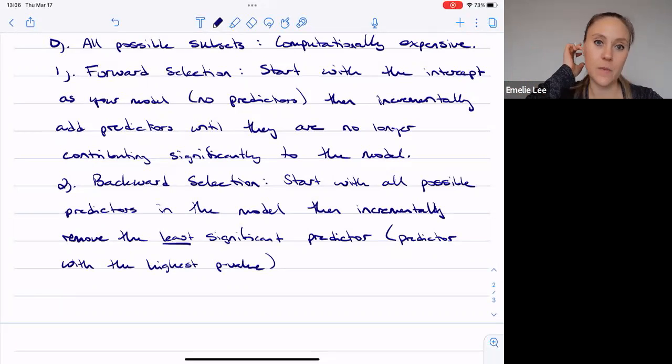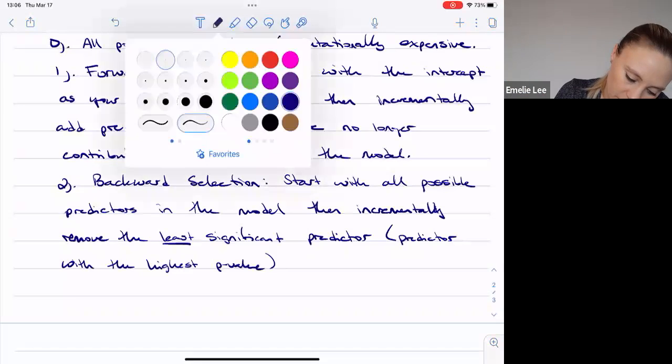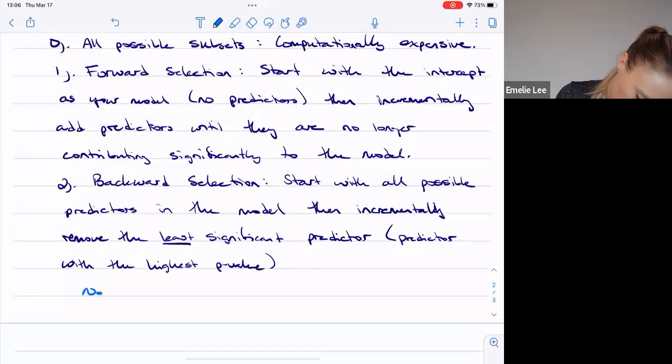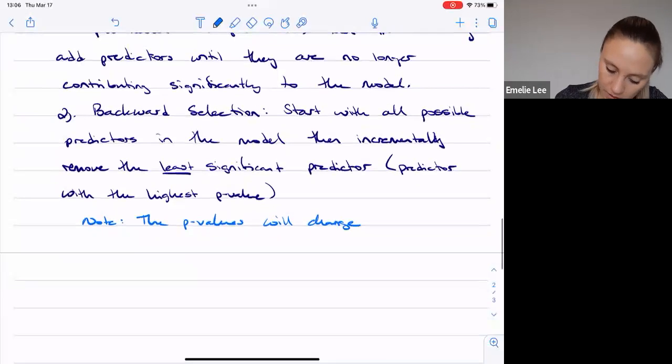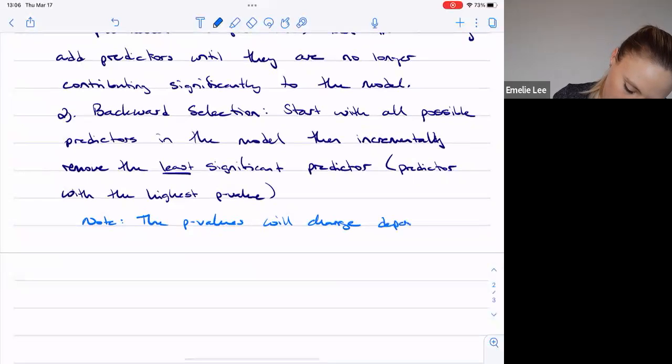One thing to note: the p-values will change depending on what predictors are in the model.